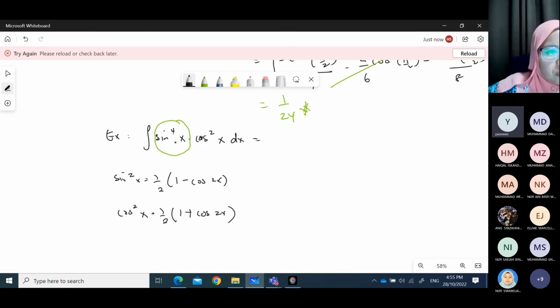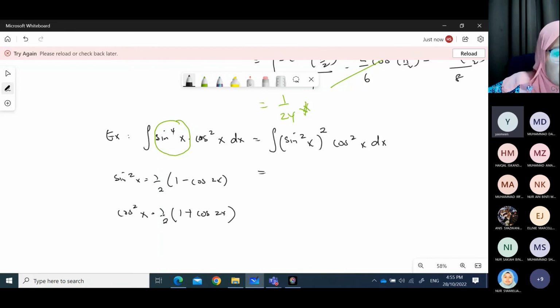Okay, very good. Both are very good. Dua-duanya betul. So you need to factorize, make it as a sine squared, sebab kita boleh apply yang ini je. Okay, so senang je, you factorkan. So sine square x, the whole thing to the power of 2 times cosine square x dx.